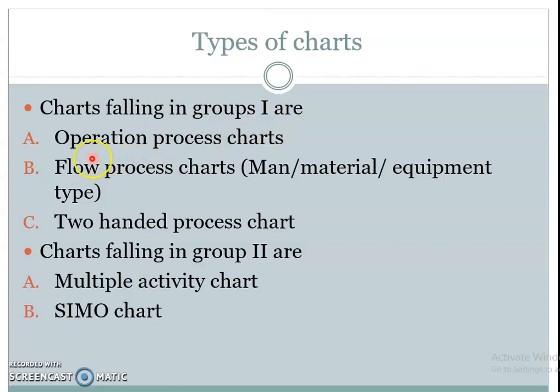The first one is the operation process chart, also called the outline process chart. The second is flow process charts: man type, material type and machine type or equipment type. The third one is the two-handed process charts, where the time scale is not present. But in the group 2 category charts, the time scale is present along with the order of the sequence of operations.